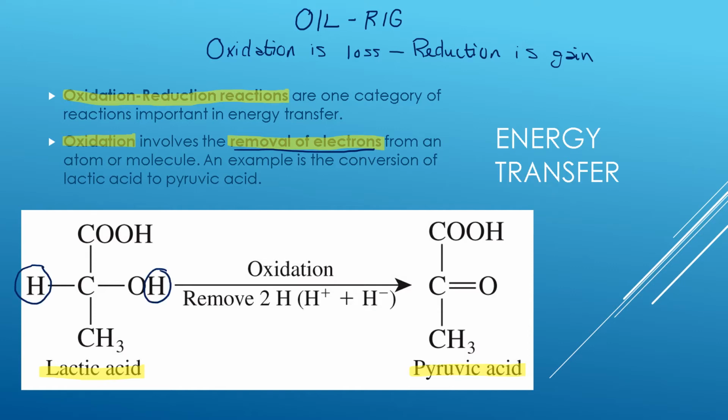So we remove two hydrogen ions, and there also is a removal of electrons that go with those hydrogen atoms. So this is an oxidation reaction. We're going to be losing 2 hydrogen atoms and losing electrons.